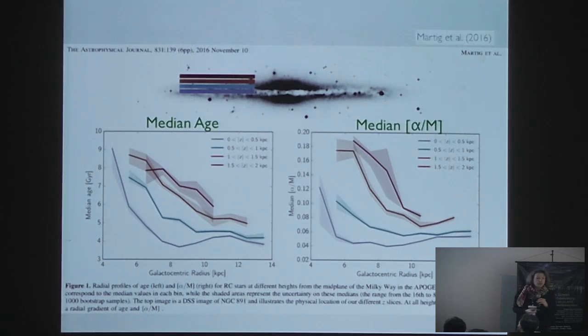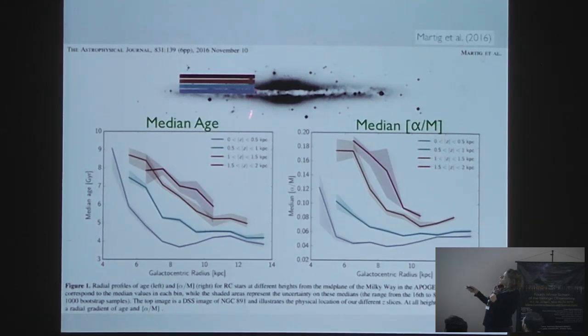I didn't mention it, I'm sorry, she had spectra. So this is age, and alpha over iron, in this case over all the metals measured from the spectra. We know how. The stars that are closer to the plane, actually in the plane, and here is the range of height, when you are at home maybe you can read it, are older only in here.